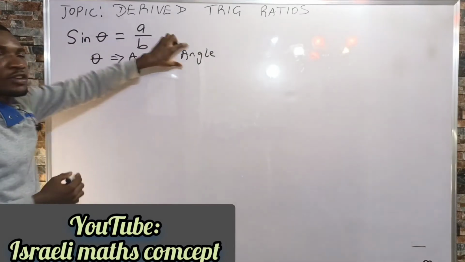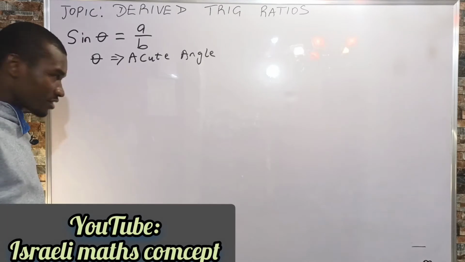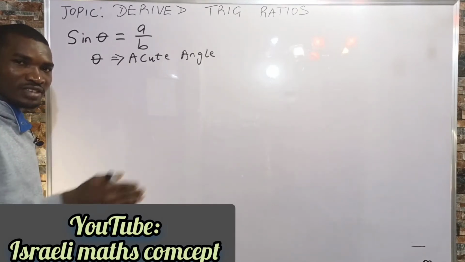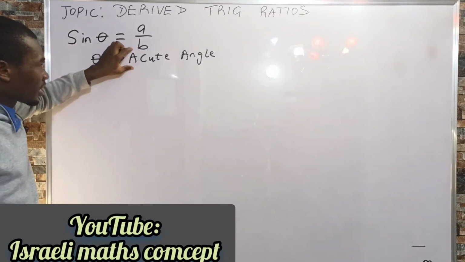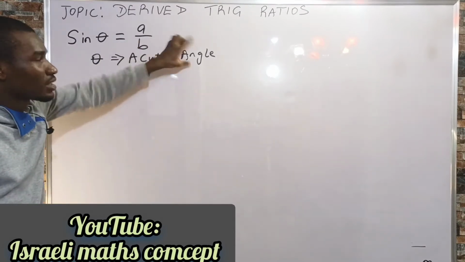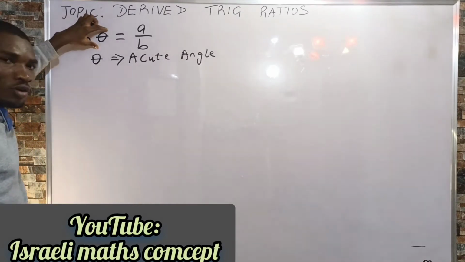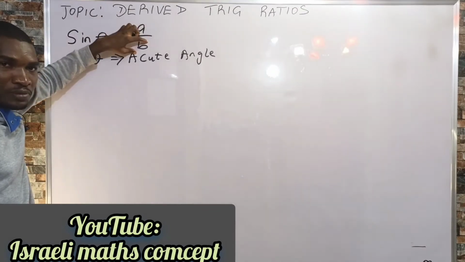Remember that an acute angle are those angles that are less than 90 degrees. So if an angle is up to 90 degrees, we say it's a right angle. But when it is less than 90 degrees, we can categorically say that it is an acute angle. So we are given the sine of an acute angle theta to be A over B.